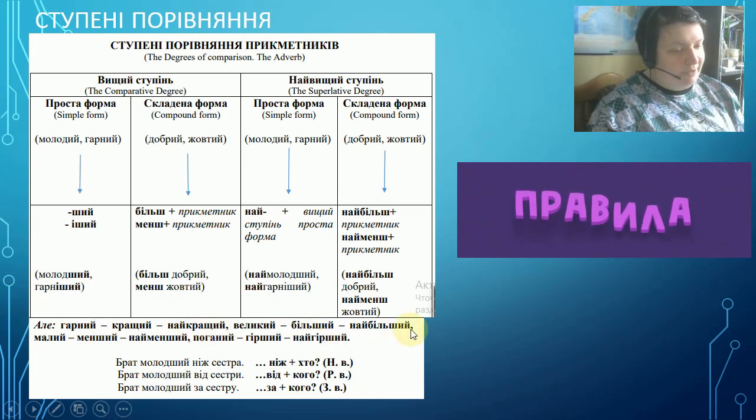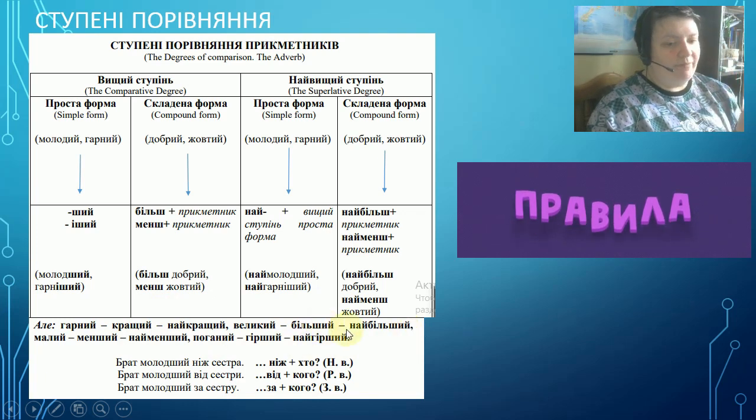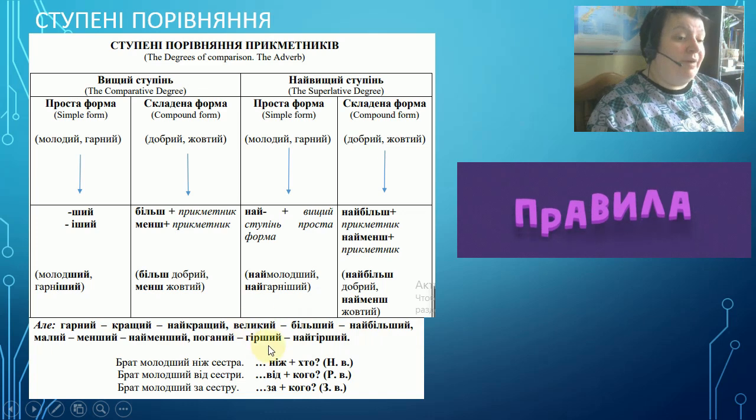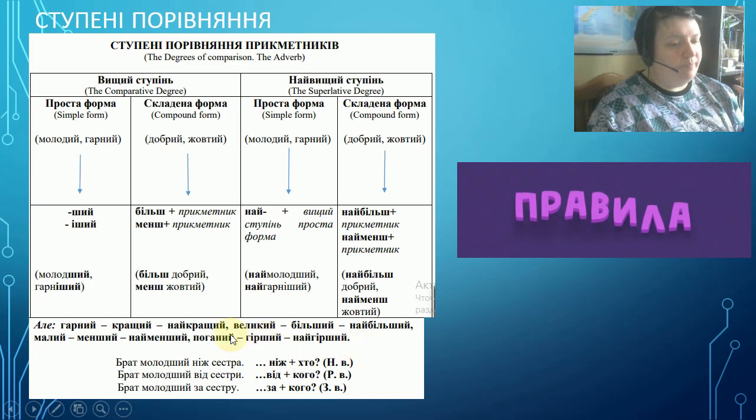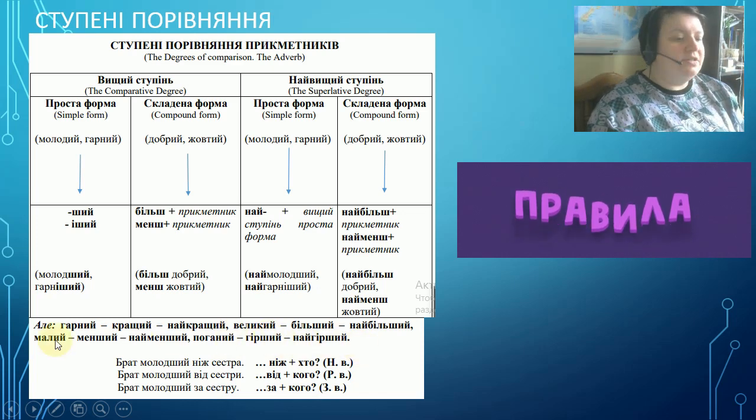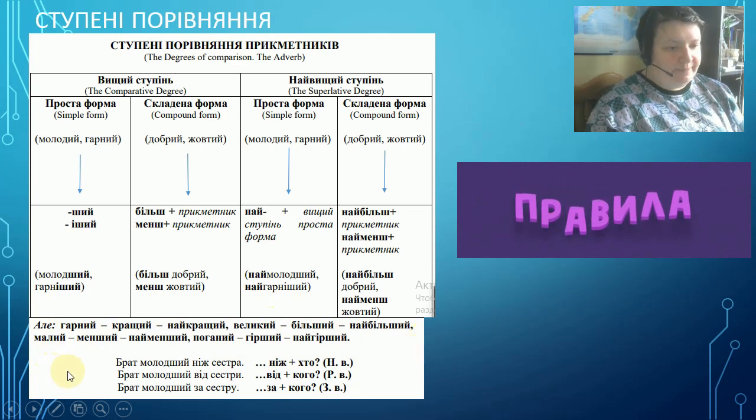Великий, більший, найбільший, big is the biggest, so here we have більший, найбільший, but the main word is великий. Малий, small, менший, найменший, so it changes, you should just remember that. Поганий, гірший, найгірший, bad, the worst. So some adjectives are irregular and we need to remember that.